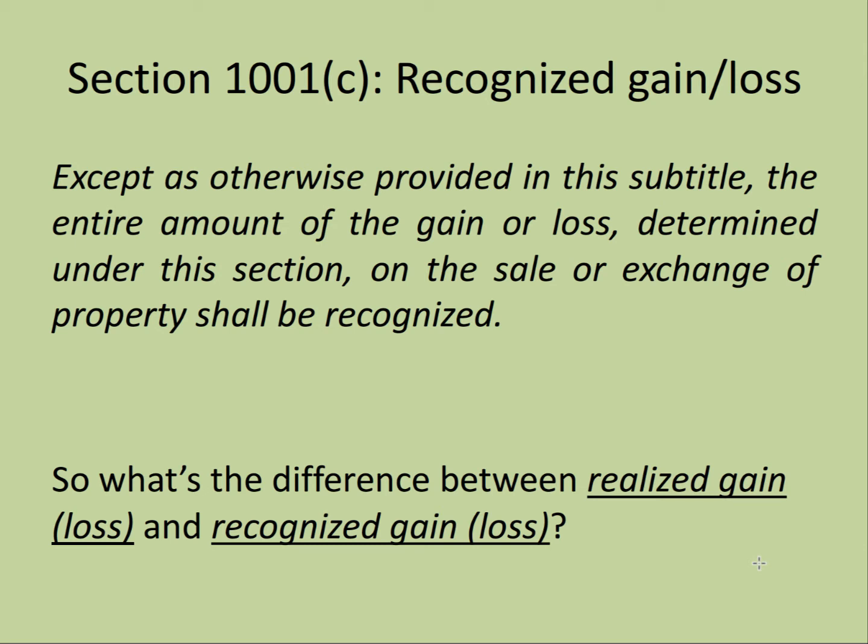What's the difference between realized gain or loss and recognized gain or loss? If you recall, when you define gross income in section 61 of the Internal Revenue Code, there are 3 requirements. There must be an accession to wealth, which deals with your net worth increasing. There must be a realization event, and there must be dominion and control.